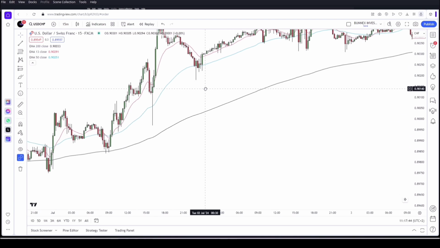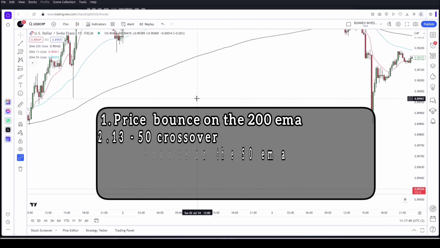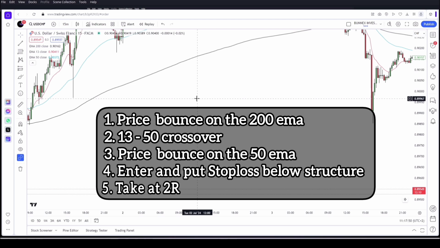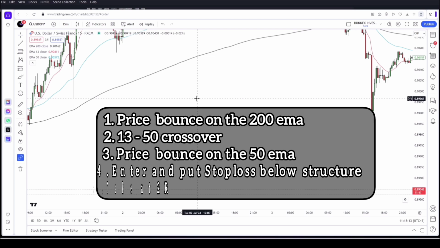Basically, in summary, we are saying we need to see price bounce on the 200 EMA, price giving us a 13 and 50 EMA crossover, and then price returning to the 50 to give us a candlestick reversal pattern, or basically a candle closure above the 13. Our stop loss is below structure, and our take profit is at a reward of 2. Basically, that is what we will be looking for.